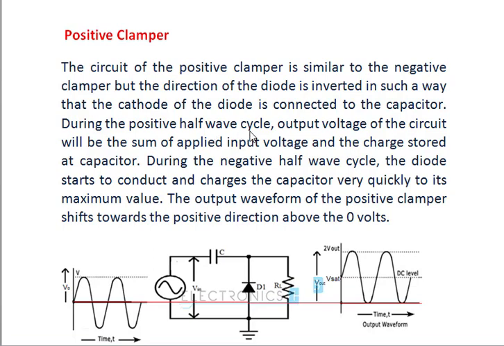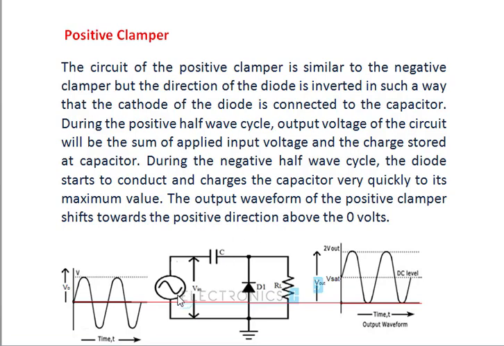During the positive half cycle, the waveform generator generates the AC waveform. It is the positive cycle, it is a negative cycle. During the positive half cycle, the output voltage of the circuit will be the sum of the applied input voltage and the charge stored in the capacitor.